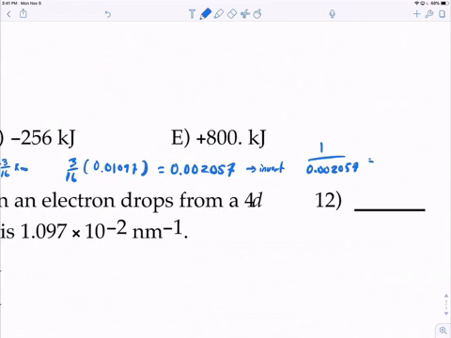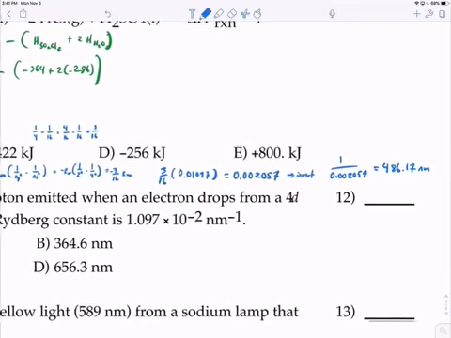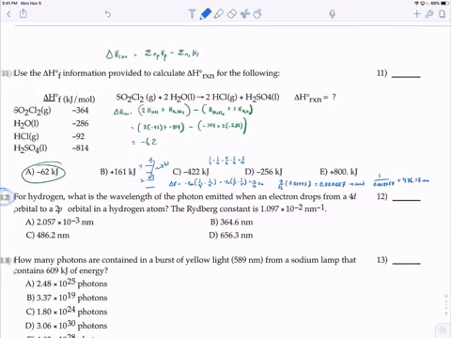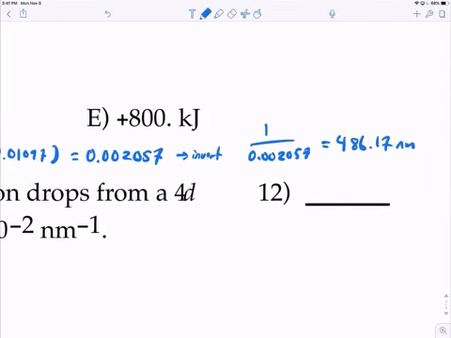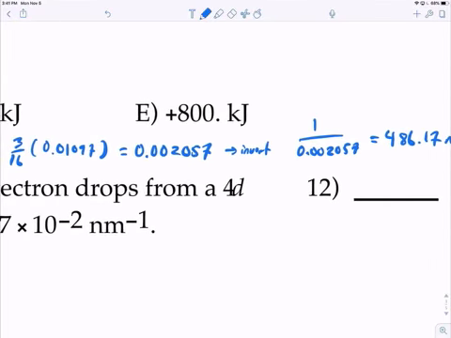So this is equal to 486.17 nanometers. So that's the easy way to do it. Now let's do it the hard way.